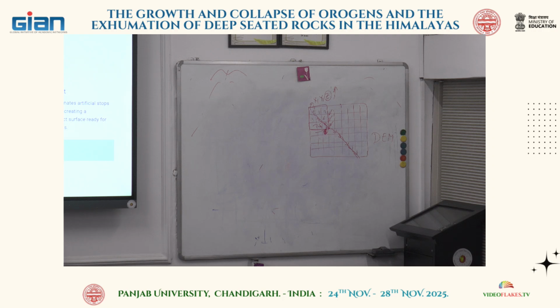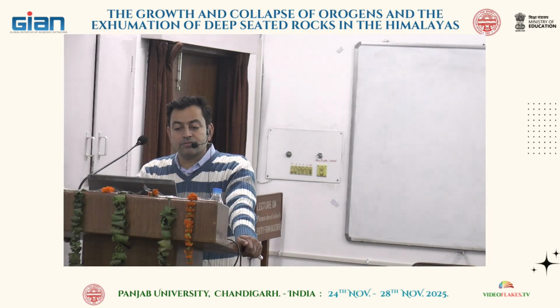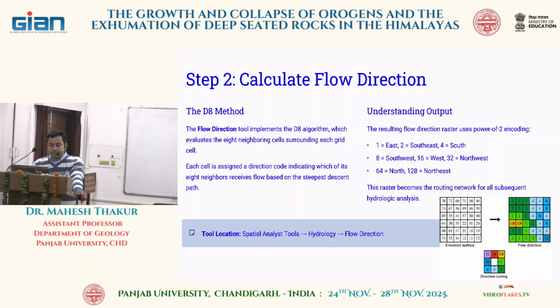Use the ArcGIS tool in spatial analysis to automatically raise the elevation of sink cells to their pour point, ensuring water can flow out. Validate the output: the filled DEM eliminates artificial stops in water flow paths, creating a hydrologically correct surface ready for downstream analysis. So this tool location is in spatial analysis tools, hydrology, and fill in ArcGIS. You can go there and you can remove all the sinks.